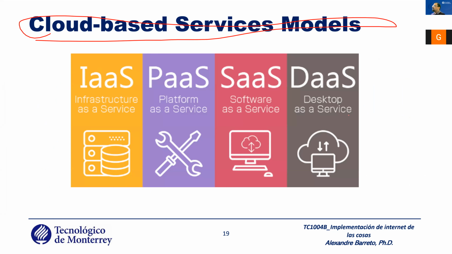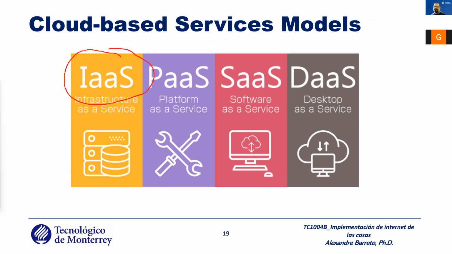And when you see, okay, here my pointer. When you enter in the Google, or Microsoft, or Amazon, the first information that you need to answer is, okay, what you want? You want an IaaS, a PaaS, a SaaS, or a GaaS? GaaS is a little hard, okay?